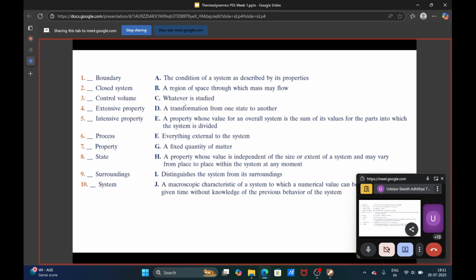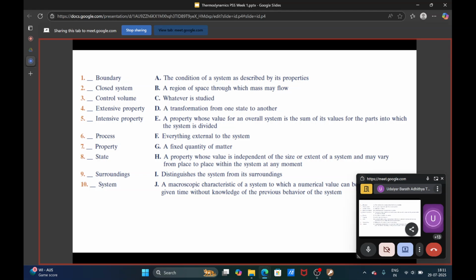So I'll solve it. First, I'll just answer it based on A, B, C, D. A, the condition of the system as described by its property, is state. B is a region of space through which mass may flow, so there is mass transfer. That can only happen in a control volume. That is a region of space where you focus on a fixed space.